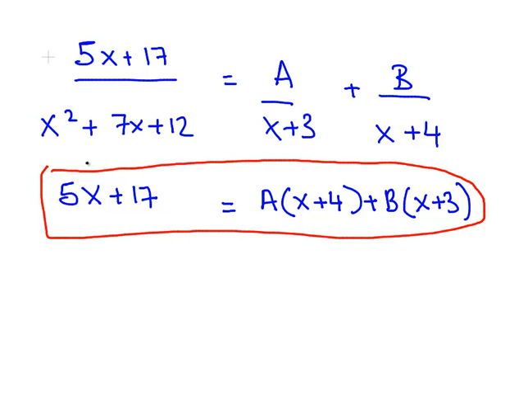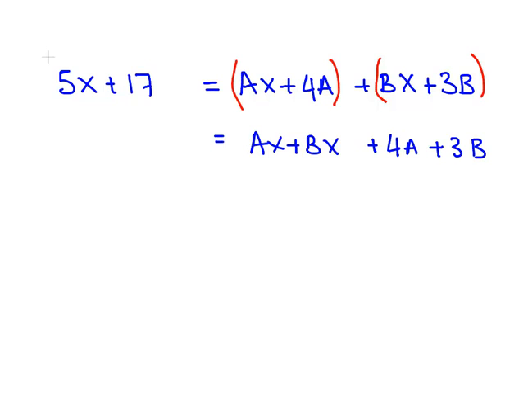So 5x plus 17 equals, we can re-express this as ax plus 4a plus bx plus 3b. That is equal to 5x plus 17. Now what I'm going to do is rewrite ax plus 4a plus bx plus 3b and regroup it.